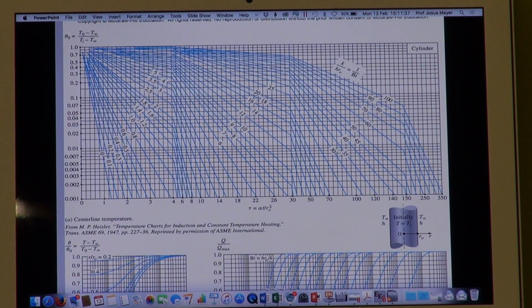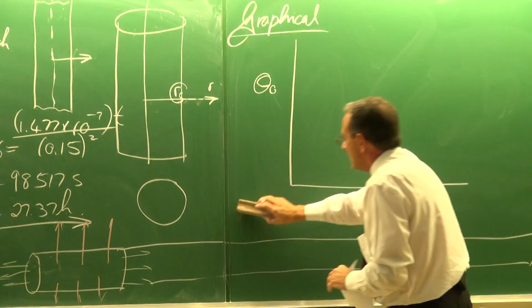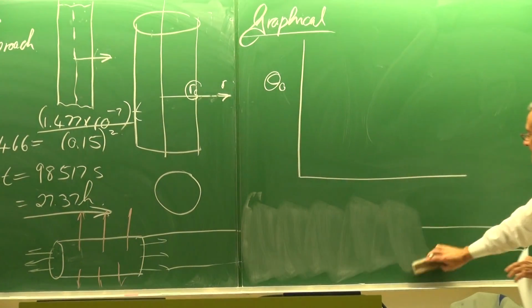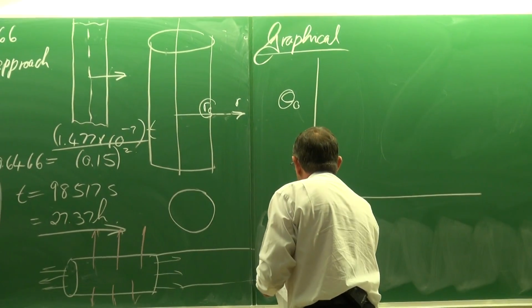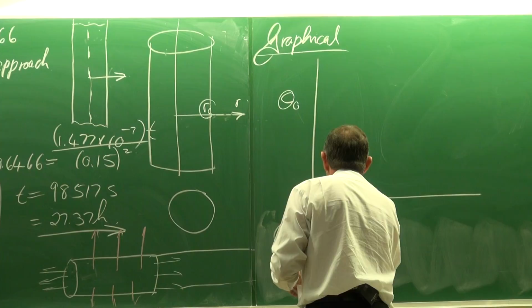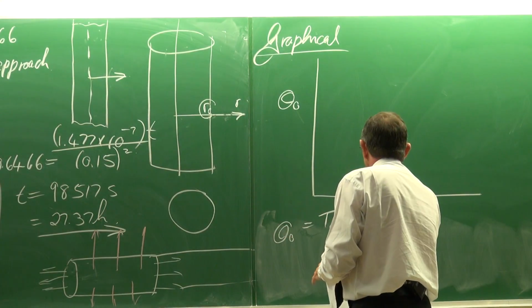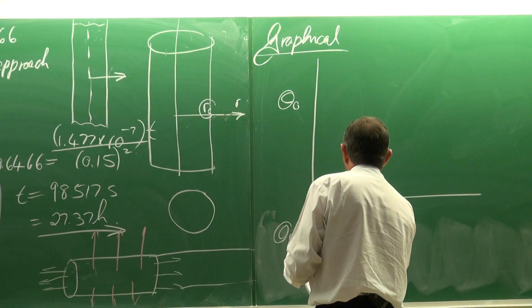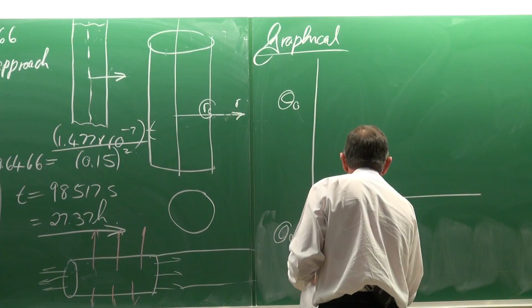It will most probably be very small for you to see, but in principle, we've got the non-dimensionalized temperature at the center, which means the temperature at the center, T0, minus T infinity, divided by Ti minus T infinity.